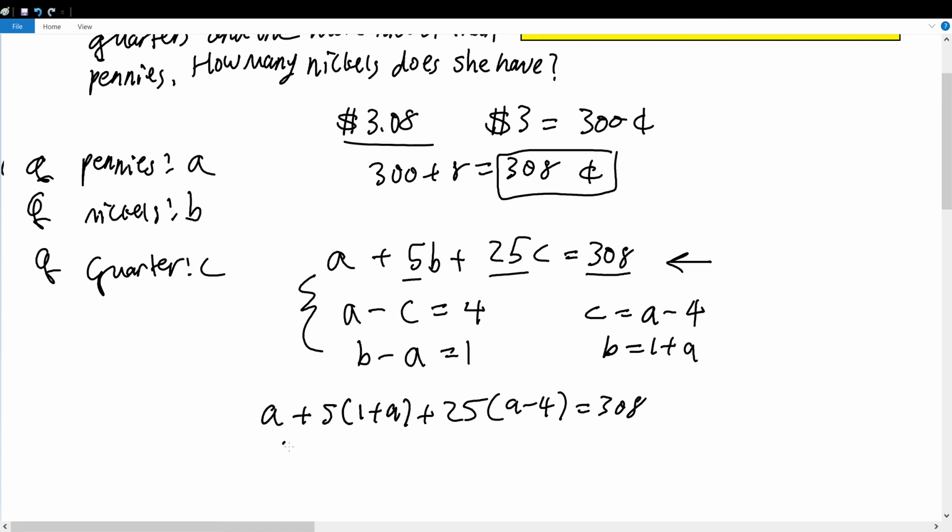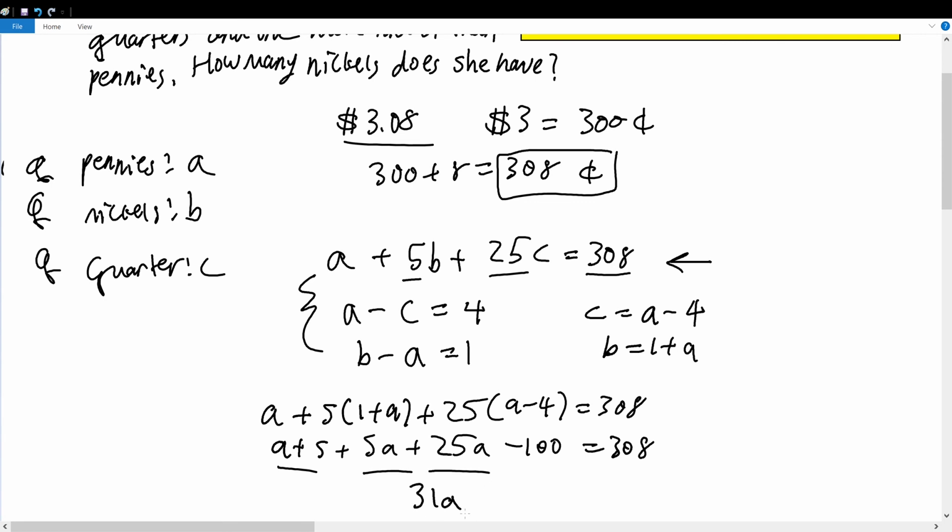If we expand it, A plus 5 plus 5A plus 25A minus 100 equals 308. Combining like terms, A plus 5A is 6A, plus 25A is 31A. 5 minus 100 is negative 95. We move that over to the right hand side, so we add 95. 308 plus 95 is equal to 403.